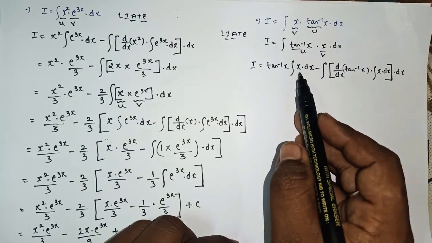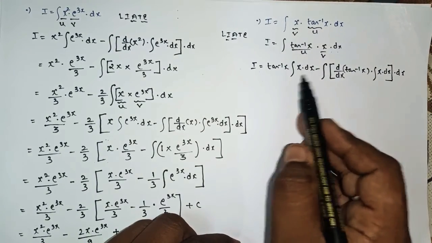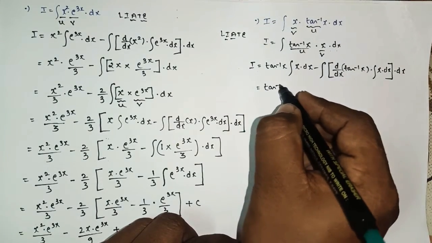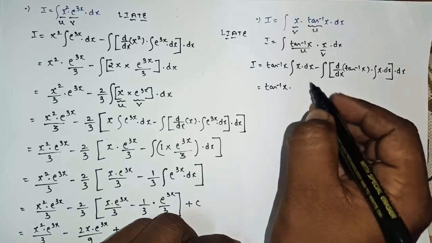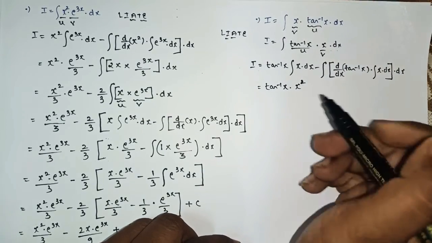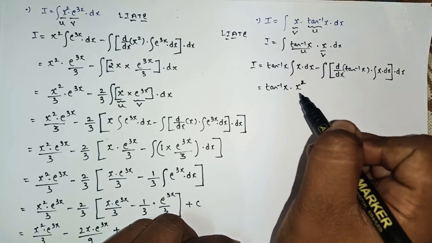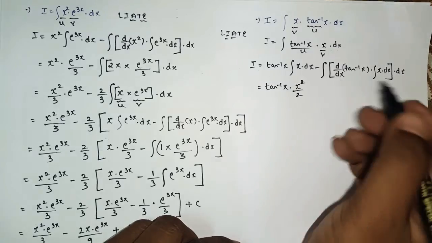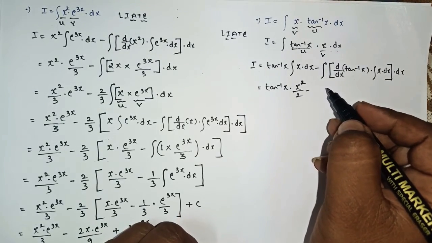Simply replace u by tan inverse and v by x. So in the next step this tan inverse will be the same as it is. And what is the integration of x? Just now only we saw, in the previous video also, integration of x is x square upon 2 using the formula for x raised to n, yes or no.